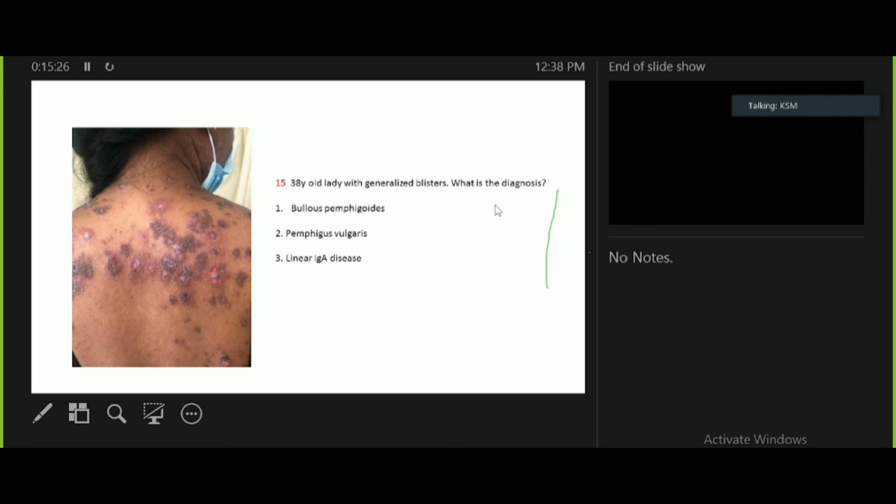Last one. 38-year-old lady with generalized blisters. What is the diagnosis?